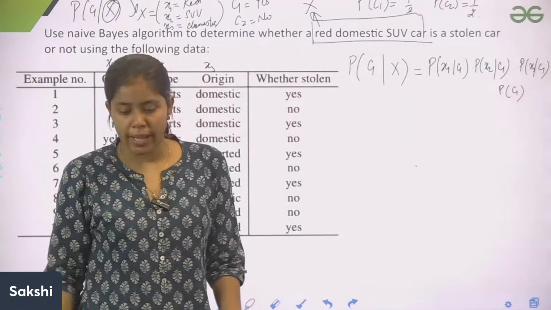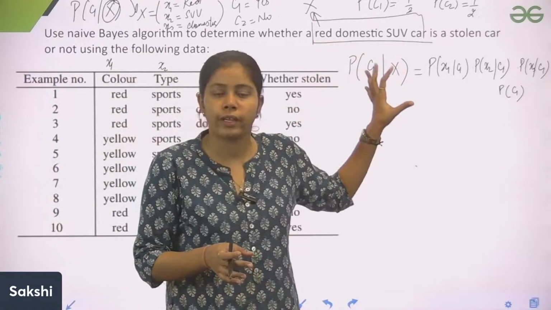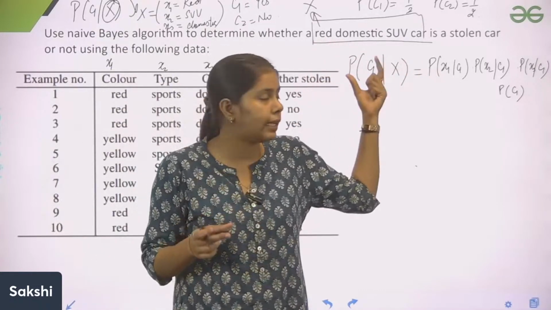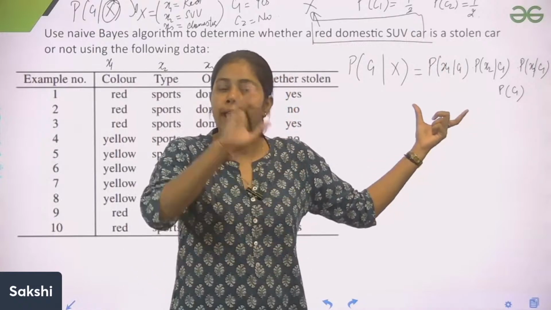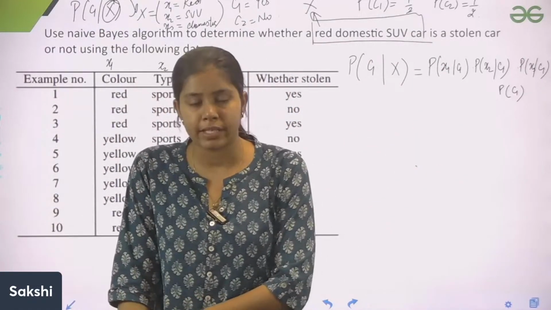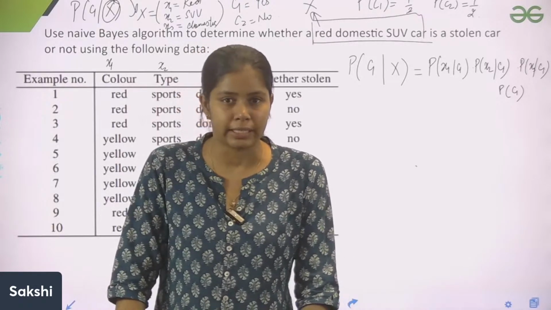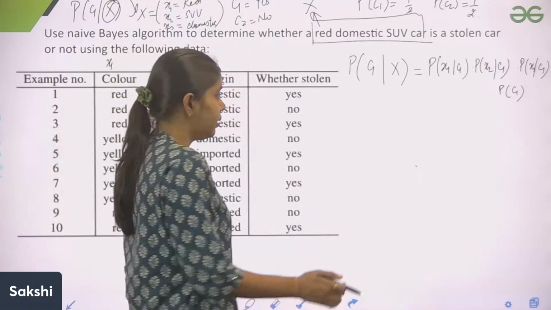That's how I can find out probability c1 given x. If you want to know in detail how we got this formula, I have already discussed it in previous lectures on the naive Bayes algorithm. You can go there for the detail, but right now I'm solving the question.